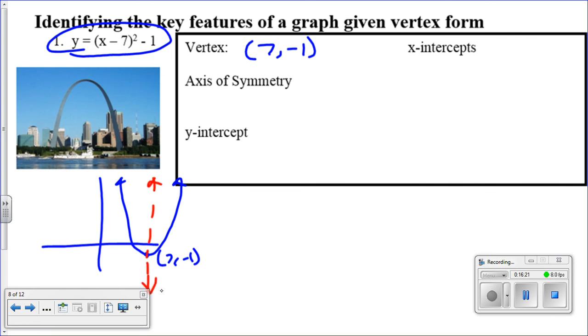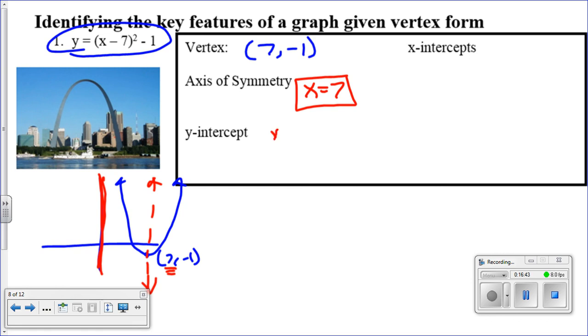which means your x value is going to be the same as the x value in your vertex. So that means your x value is 7, so your axis of symmetry is x equals 7. That's very cool. Your y-intercept, keep in mind on the y-axis, something's always true on the y-axis, and hopefully you remember that x is 0.